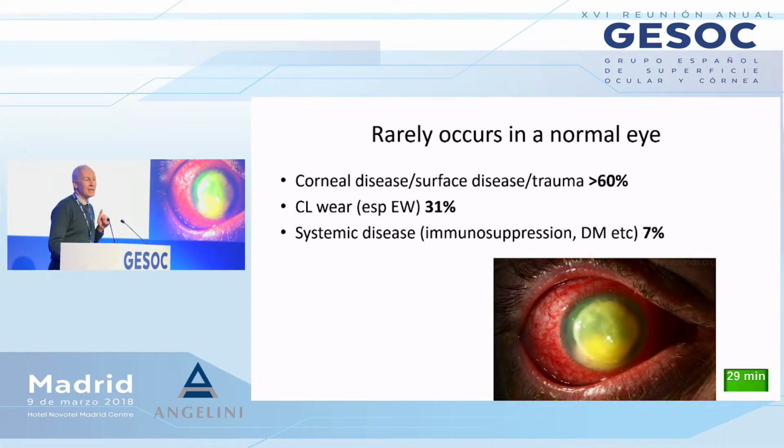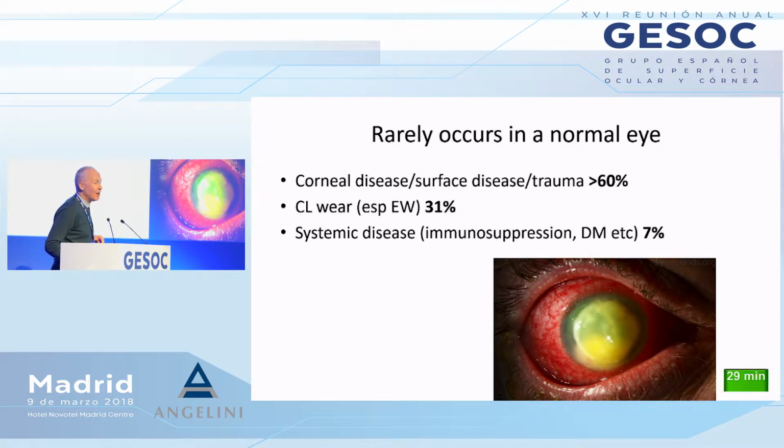So the first point to make about corneal infection is that it doesn't occur in normal eyes. This point has already been very well made by the speakers in the sessions earlier this morning. In the UK, if you break it down, about a third of our infections are contact lens related.